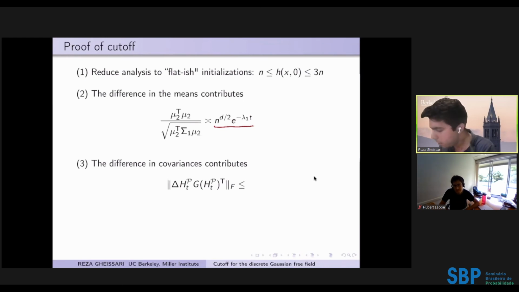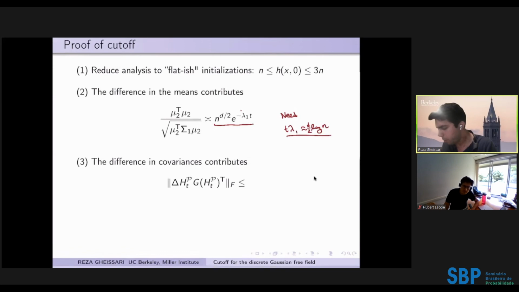And so what that tells you is, in order for this to be microscopic, I need t lambda 1 to be d over 2 log n. That's the scale at which this quantity varies. And this actually identifies exactly the cutoff location. That's the calculation that one does.